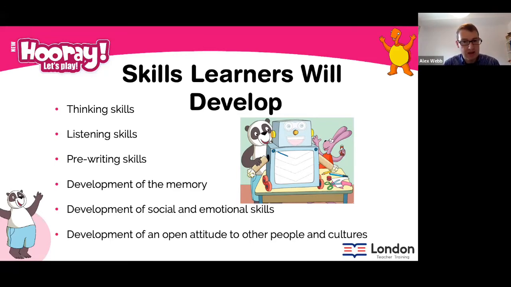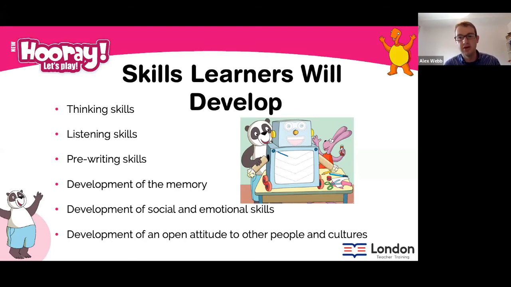And something else that I think is essential, and I've given talks on this previously, is that it's really important for the students at a very young age to develop social skills, emotional skills, and also to develop an open attitude to other people and other cultures. The earlier that we can get our students to be aware of social values such as friendship, honesty, and to be aware of other types of people, other cultures, the better.